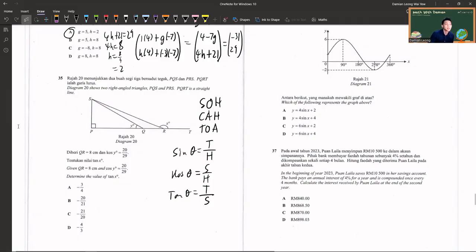Okay, so satu cara ingatkan sin, cos, tangent ini, boleh ingat dengan guna saya tak handsome, kucing saya handsome.